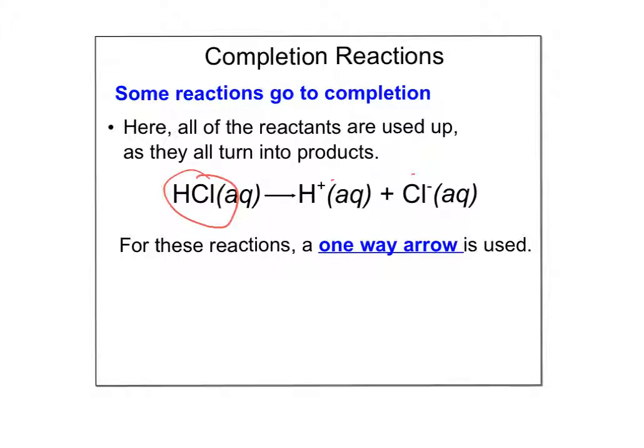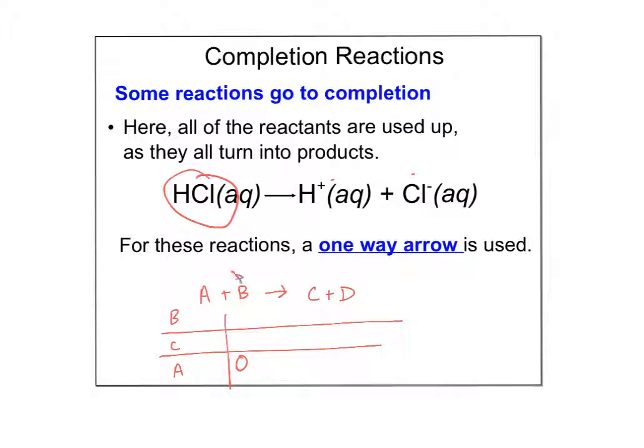Like when we did our BCA table, we had A plus B makes C plus D. One of them, A or B, ran out, or sometimes in a perfect situation, both did. We had a limiting reactant. So in these completion reactions, one or more of the reactants totally run out, we make the products, and it's a one-way arrow.